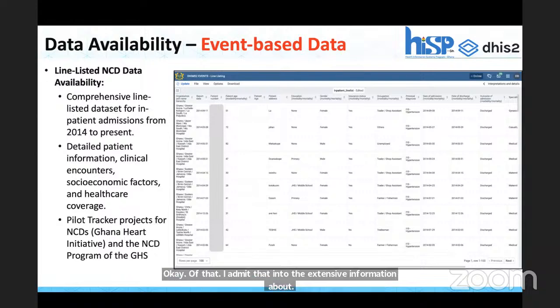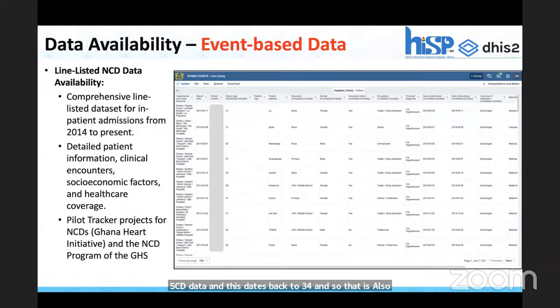So apart from the OPD morbidity data, one of the huge data sets the country has is the event-based instance that contains NCD data. This dates back to 2014, and so that is also about 10 years of NCD data available for use across the country.